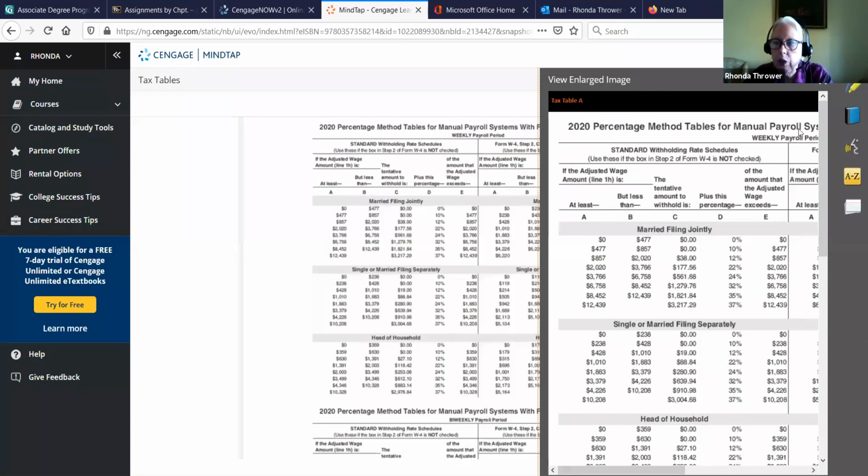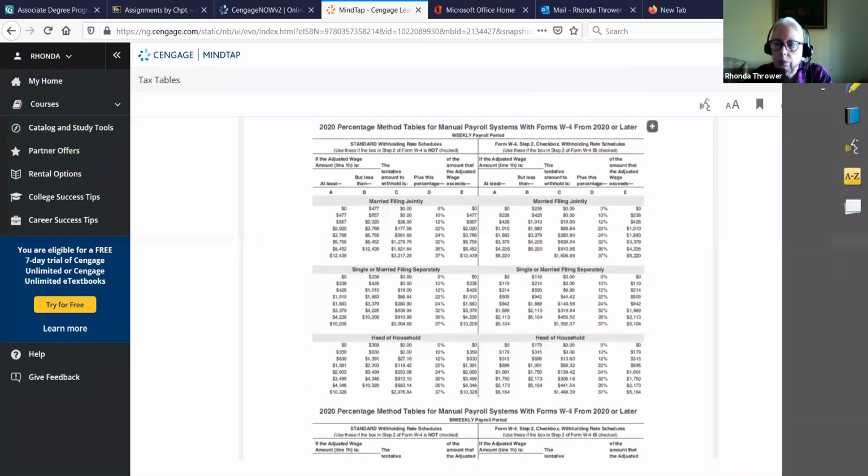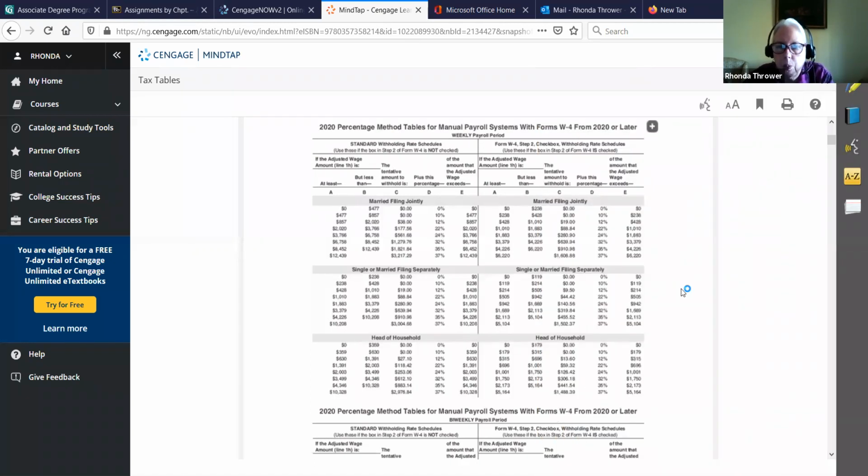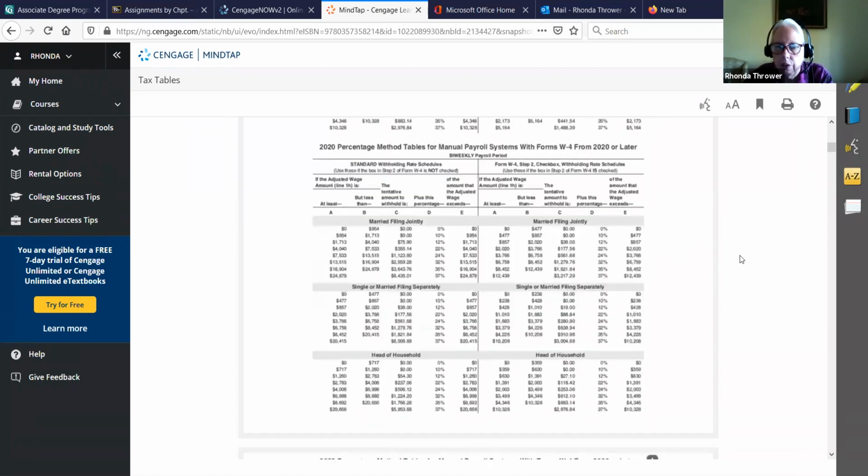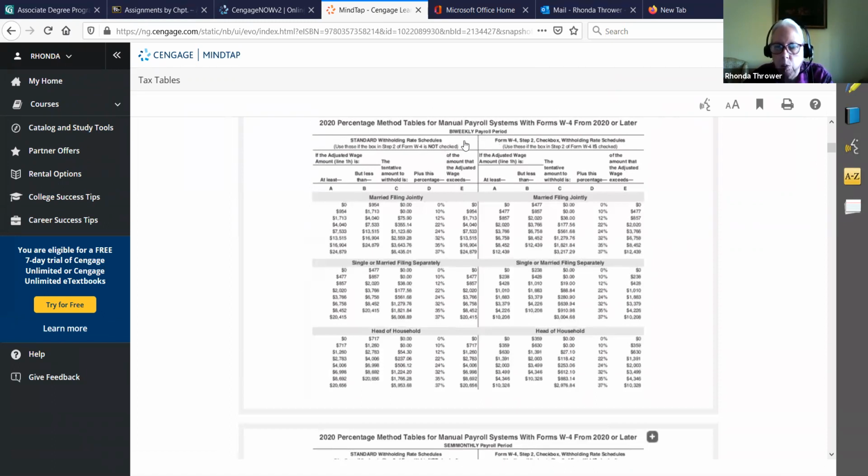So I'm going back to my percentage tables. I'm going to close out the previous one. I'm on my percentage tables. I'm going to look for the biweekly amount for the second employee. So I'm going to go down here to my biweekly pay period. The next thing I need to know is whether that person was married filing jointly, whether they were single or married filing separately, or whether they were head of household.